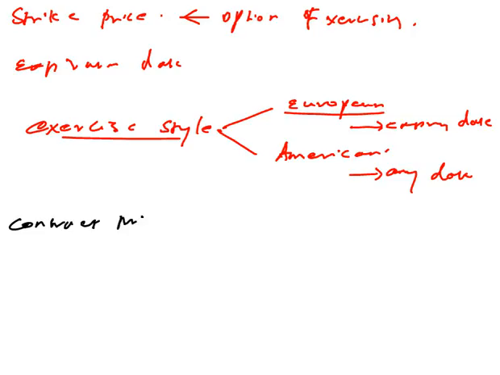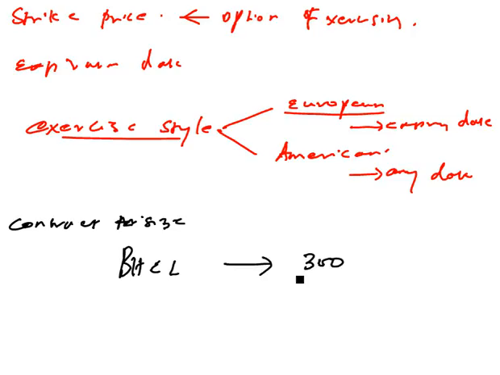So what is contract size? As futures and options are standardized contracts traded on the exchange, they definitely have a fixed contract size. Futures and options are exchange traded, and that's the reason why they have a fixed contract size. One contract of a derivative instrument represents a certain number of shares of the underlying asset. For example, let's say one contract of BHEL stock contains 300 shares of BHEL.